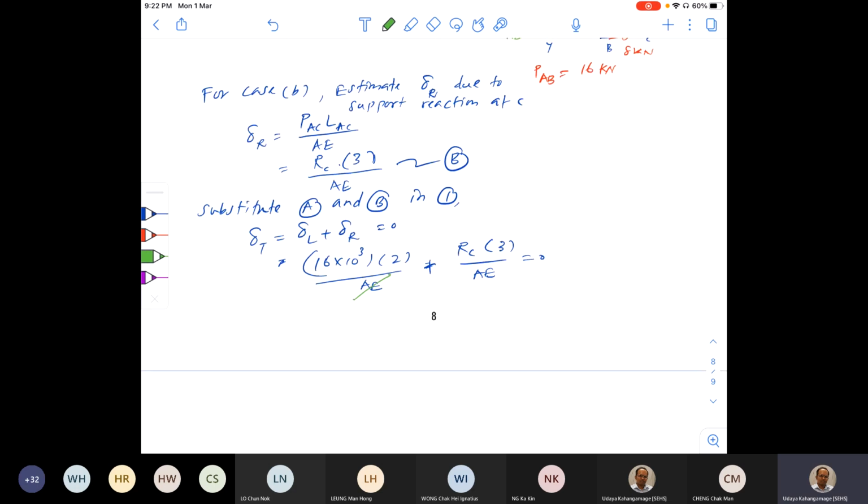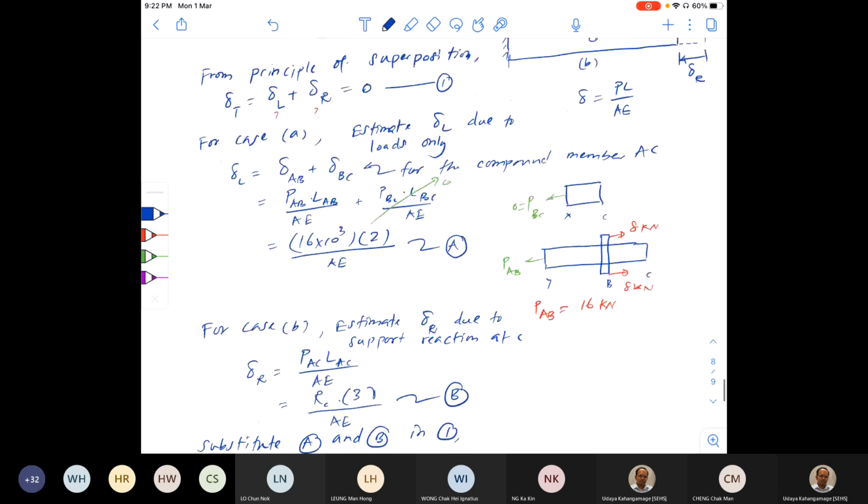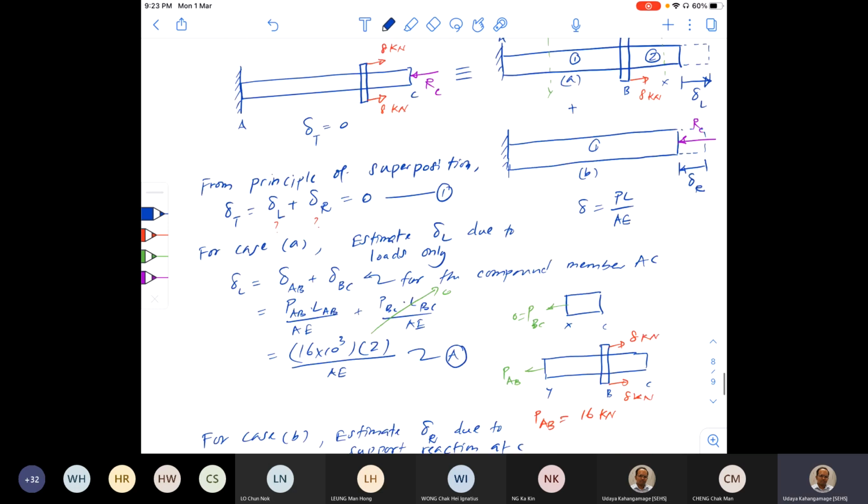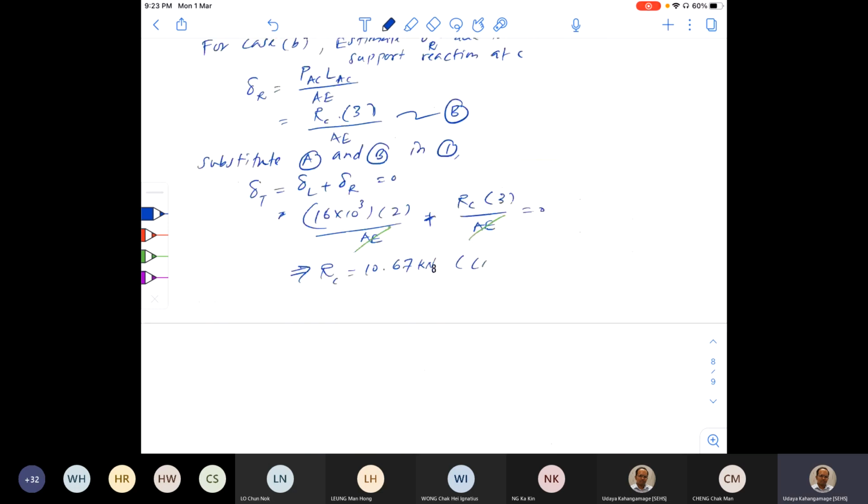And here AE cancels off. So now you can find out RC. I got this answer, 10.67 kilonewton. Is it a compressive force or tensile force? RC, I got a positive answer, right? That means the marked direction is correct. It's a compressive force. Okay, compressive.